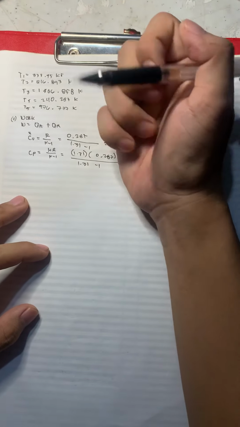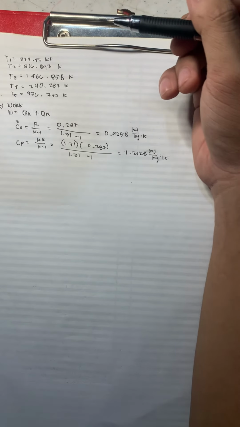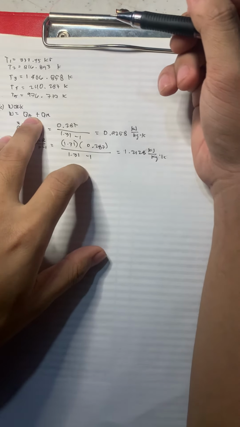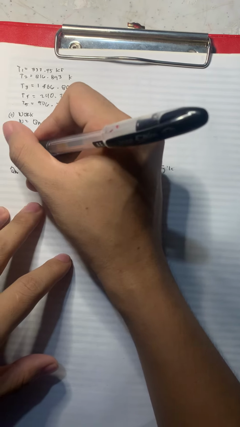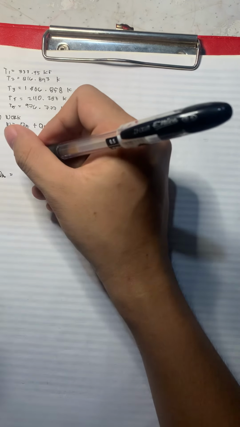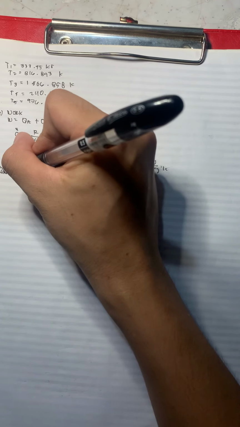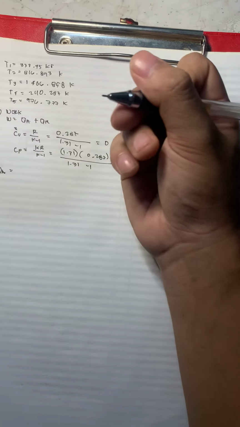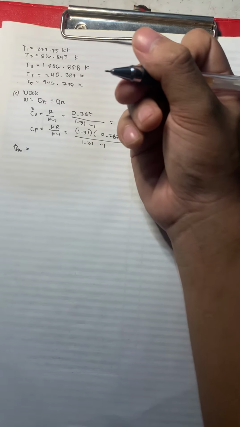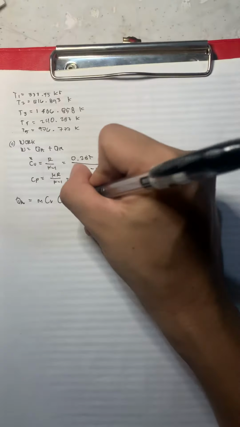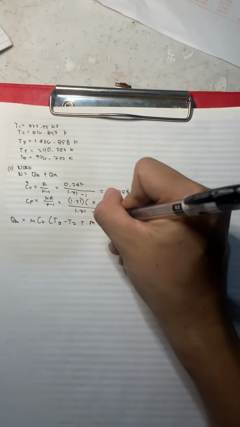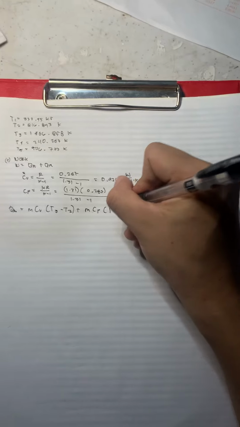Now, let's divide this. First we solve heat added. For heat added, mass times CV times T3 minus T2, plus mass times CP times T4 minus T3.